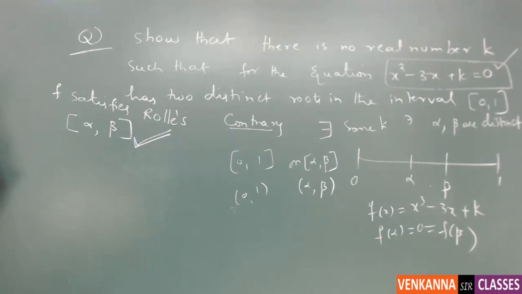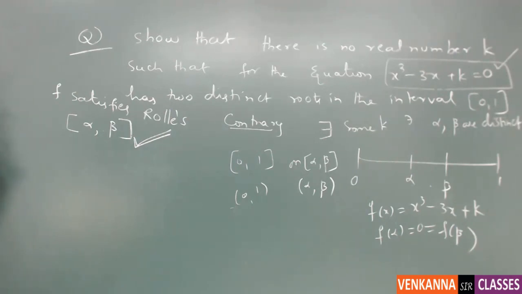And it is differentiable, because what is the derivative of f of x? 3x square minus 3. So it is differentiable on the open interval alpha beta. Since alpha beta are roots, they satisfy the function f. So f of alpha is 0 and f of beta is 0.